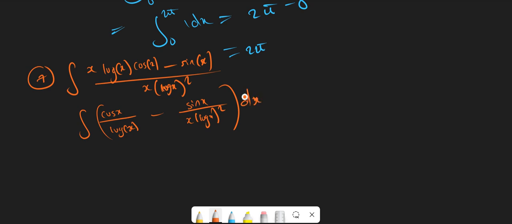Now you should observe that we should try to take the derivative of sine of x all divided by logarithm of x. The reason is that, notice at the very top, you have cosine of x, showing you that probably somewhere we took the derivative of sine.